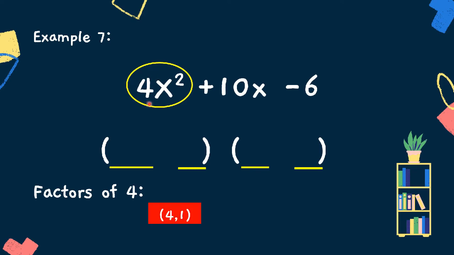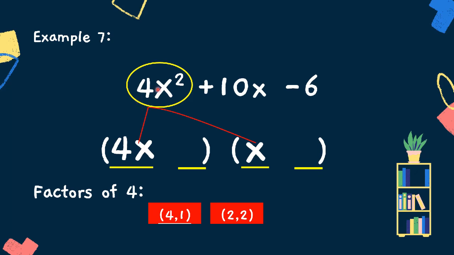There are two factor pairs of our first term coefficient, which are 4 and 1, 1 and 4, or 2 and 2. We will try to plug in these factors. We will first try 4 and 1. So we have 4x and x. 4x and x will give us the product of 4x squared.